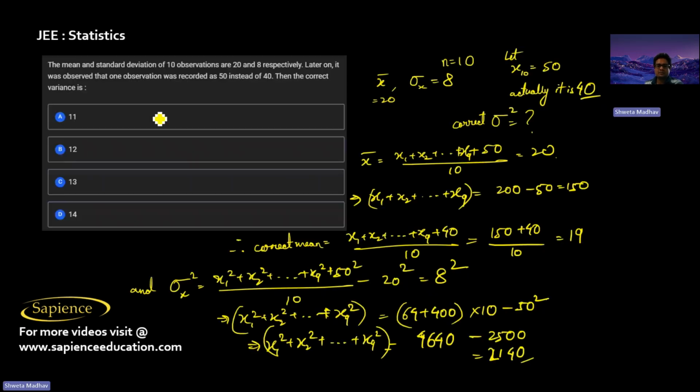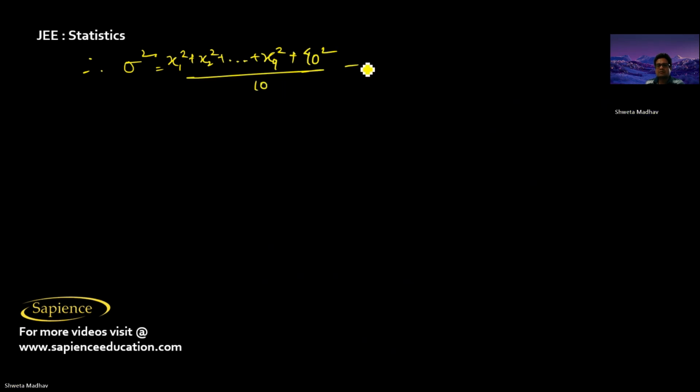So therefore, you need to find the correct variance. Correct variance sigma square is x1 square plus x2 square till x9 square plus 40 square, divided by 10, minus the correct mean square, that is 19 square.